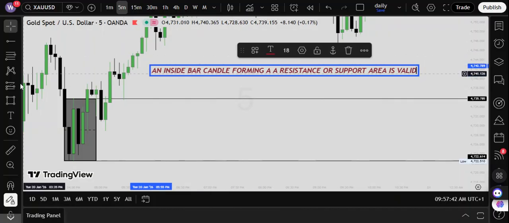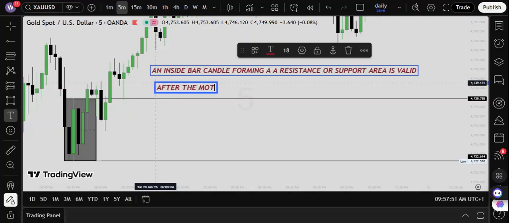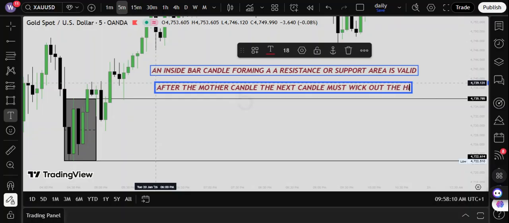Now, what other law? Please take note of this. The second law is after the mother candle, the next candle must not wick out the high or low of the mother candle.